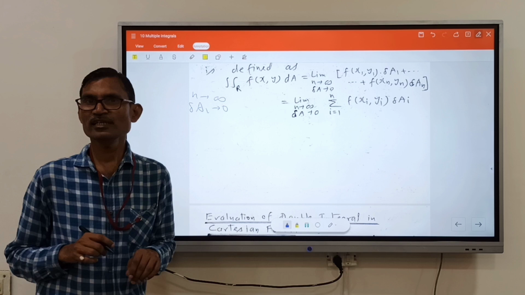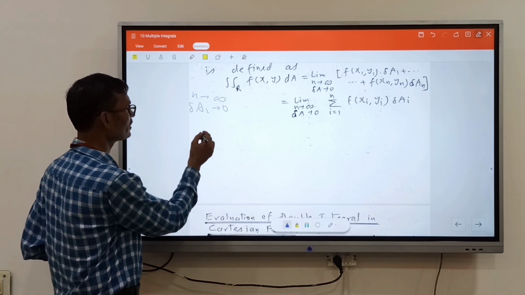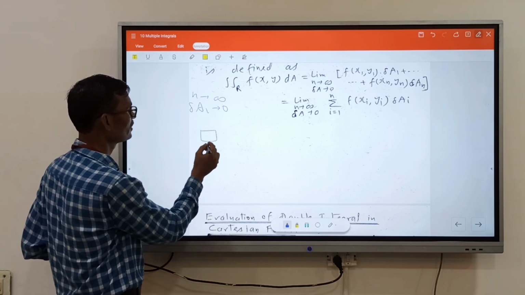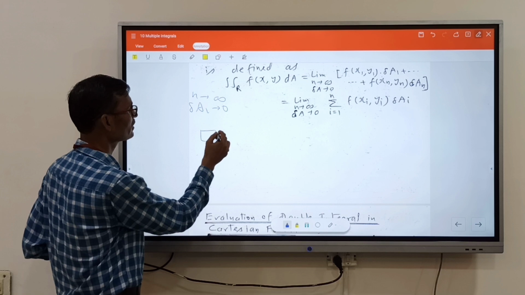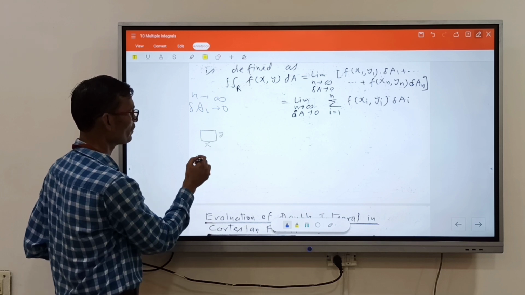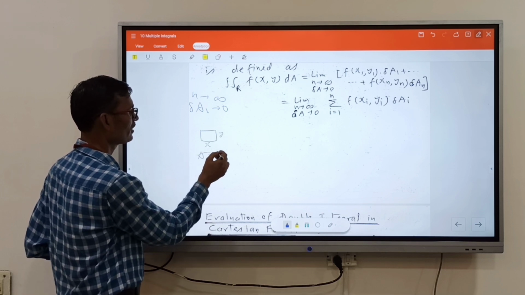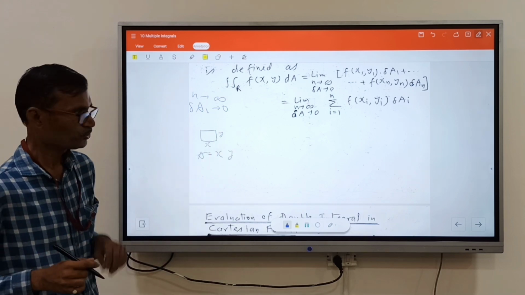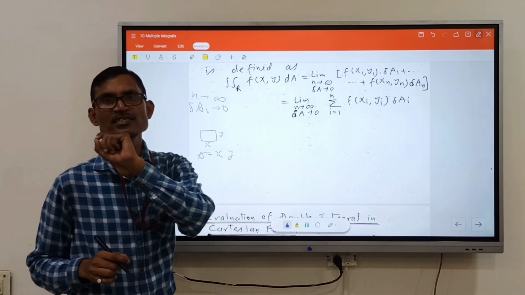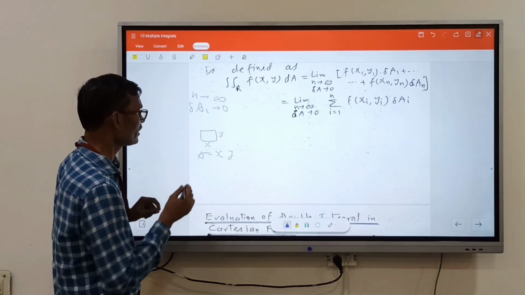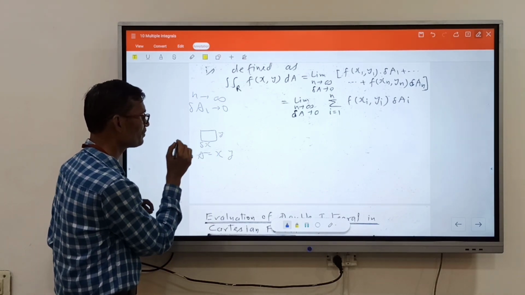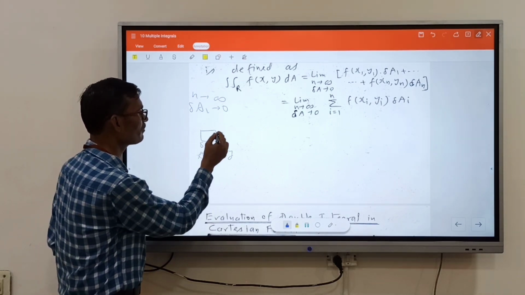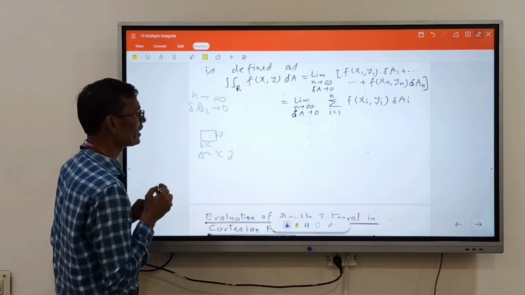As you know, the area of a rectangle, suppose its length is x and the breadth is y, is x into y. If the rectangle is very small, we can assume that its length becomes very small, like delta x. Similarly, its breadth becomes very small, like delta y.